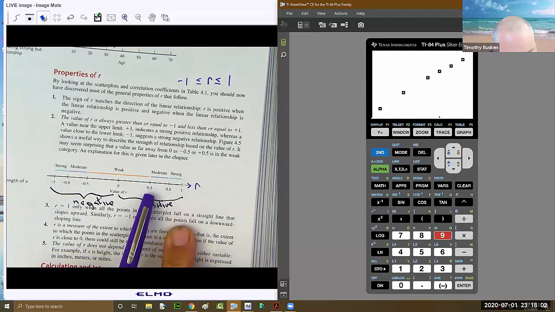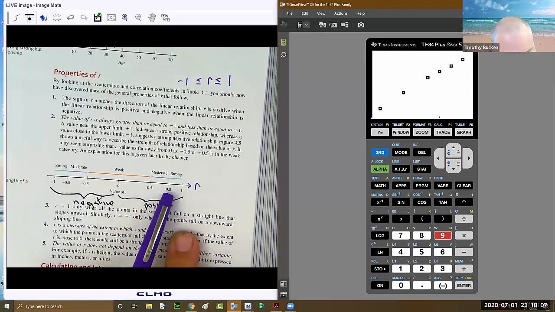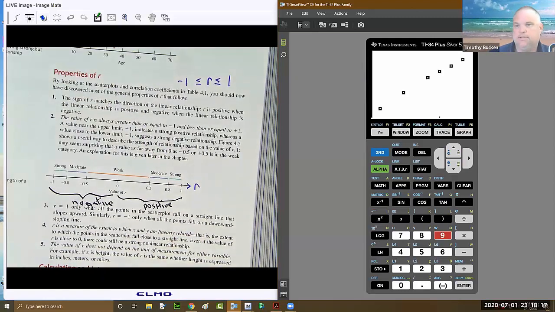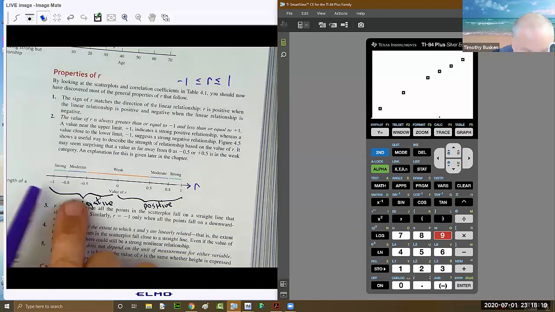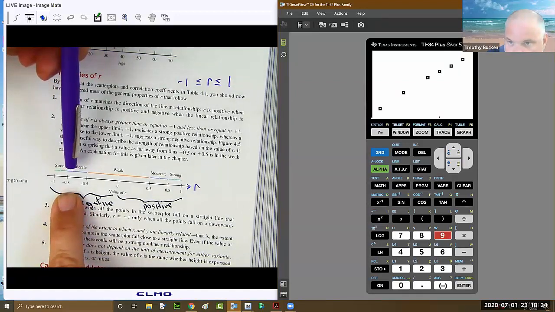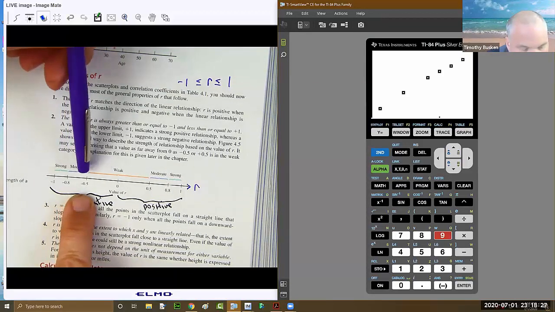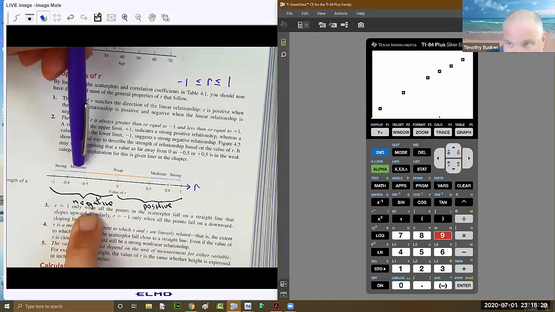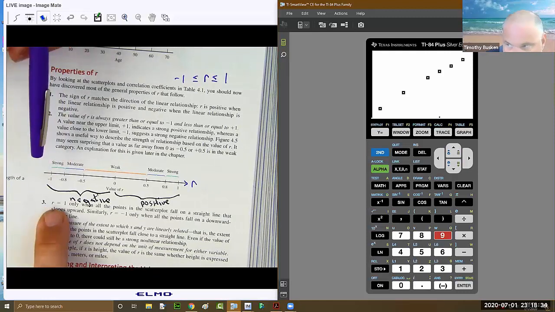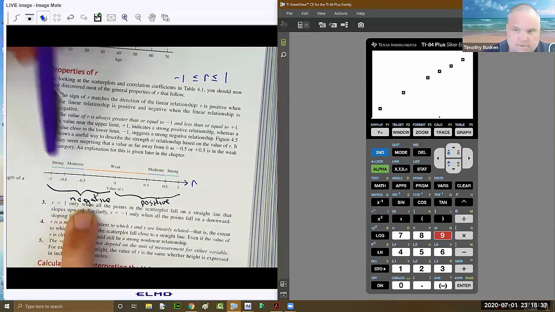If the correlation number R is between 0.5 and 0.8, we say that the correlation is moderate positive. But if it's between 0.8 and 1, then we're saying that the correlation is strong positive. And then over on this other end, you can make the same two statements. If R is between negative 0.8 and negative 0.5, it's a moderate negative correlation. And if R is between -1 and negative 0.8, you've got a strong negative correlation.